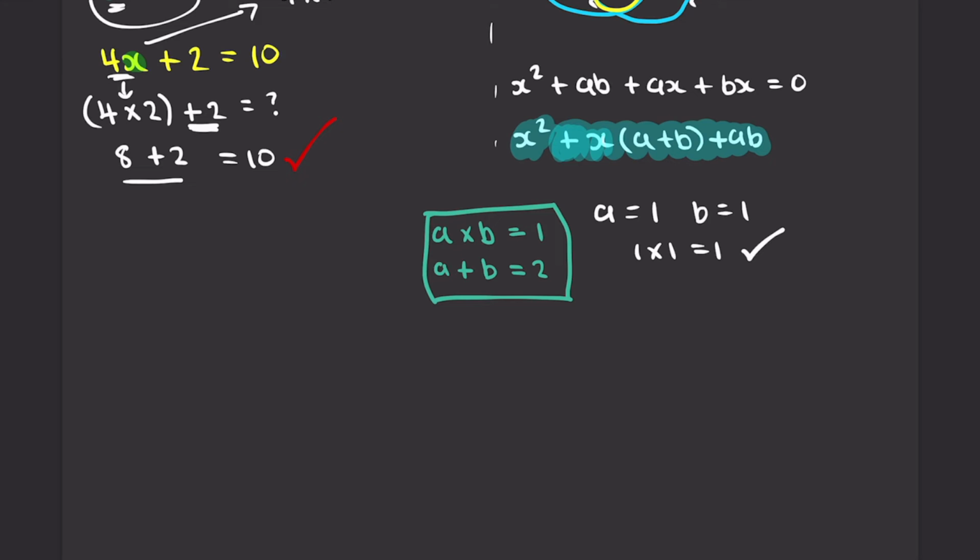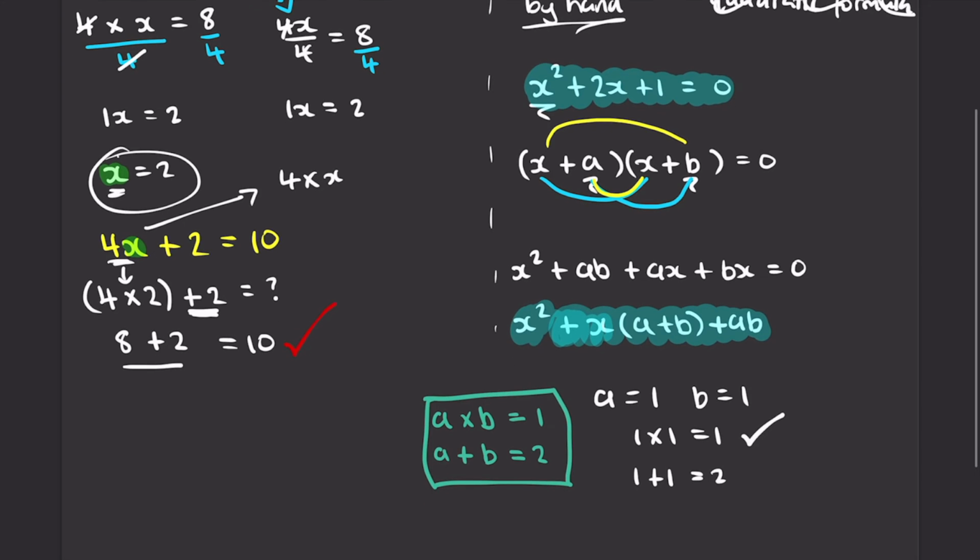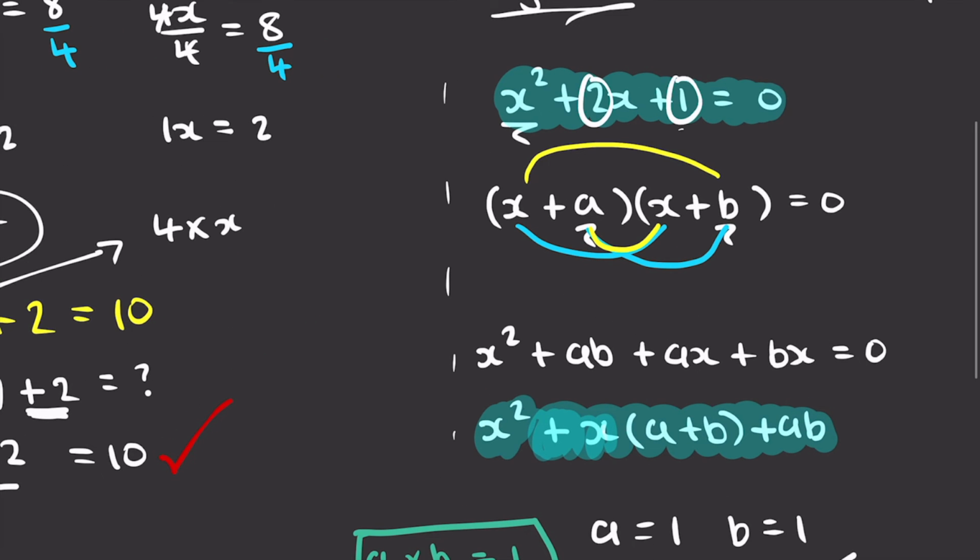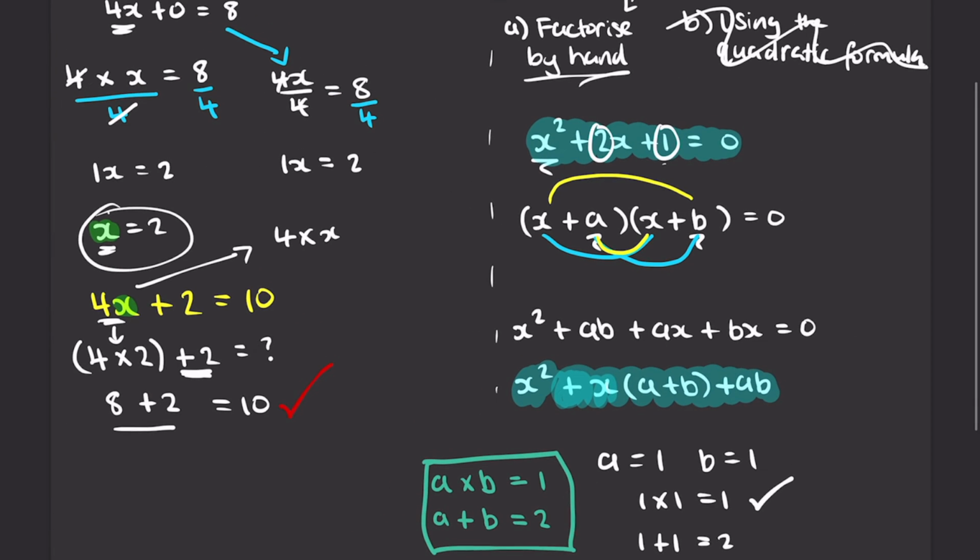Now let's do the second one, a plus b. So a plus b is just 1 plus 1, and that equals 2, which fulfills this answer over here. Remember that we got a times b equals 1 from the equation, and a plus b equals 2 from the equation, because these are known as the coefficients of the equation.